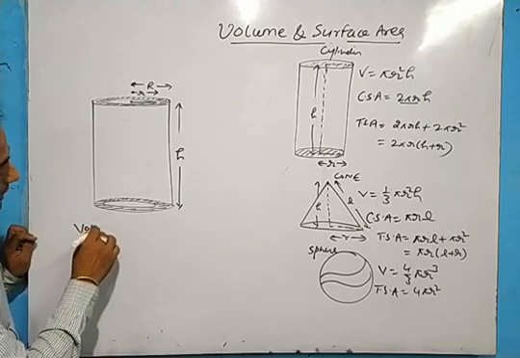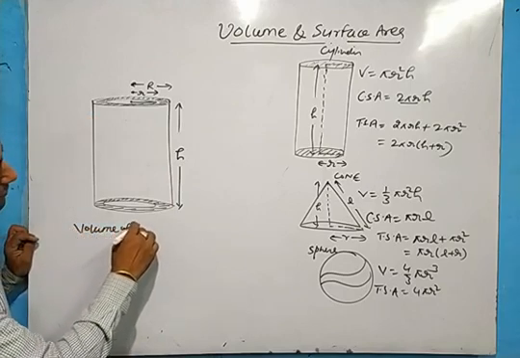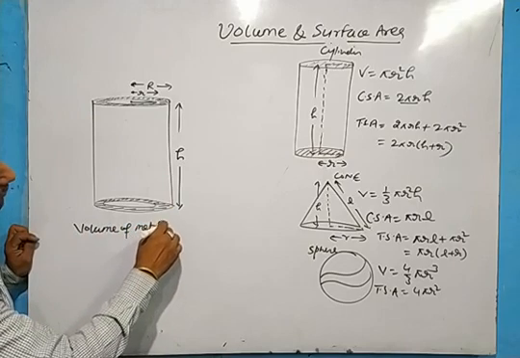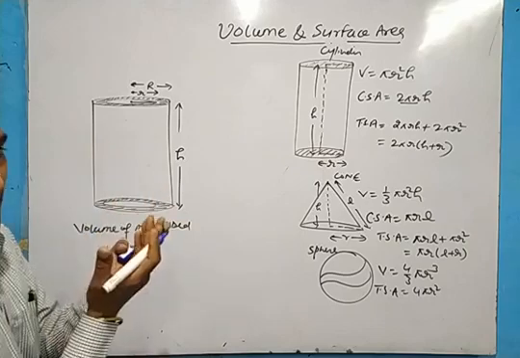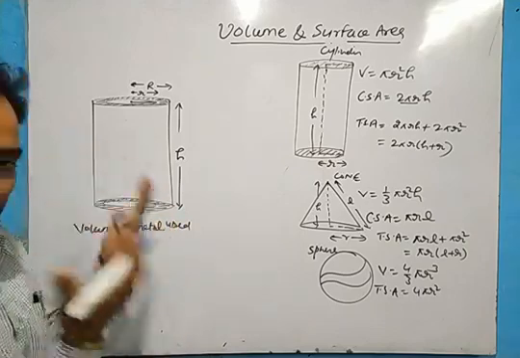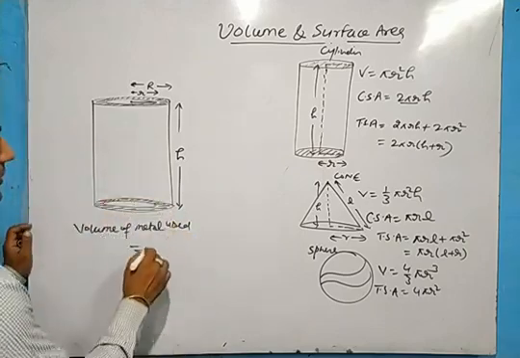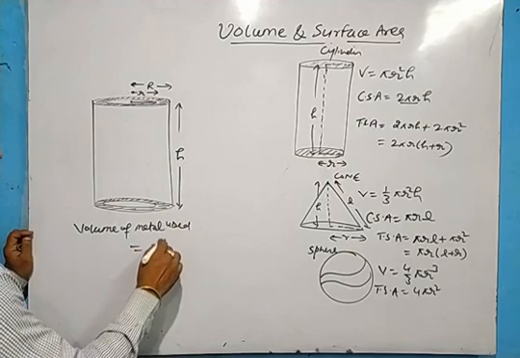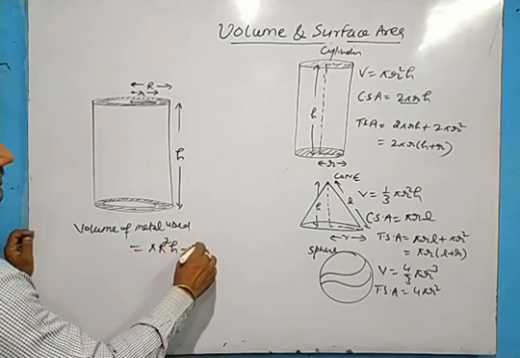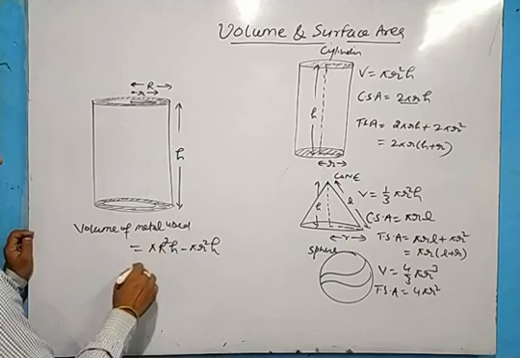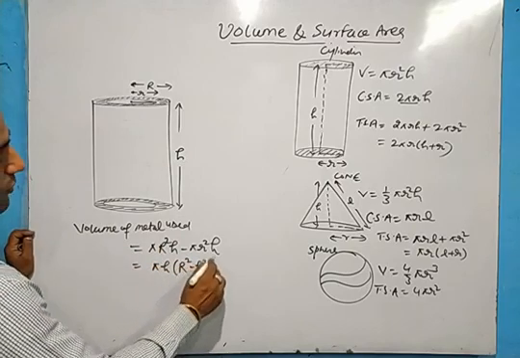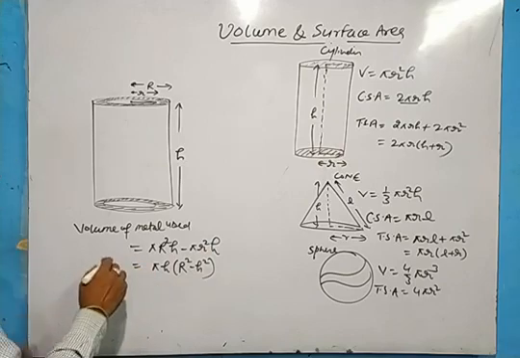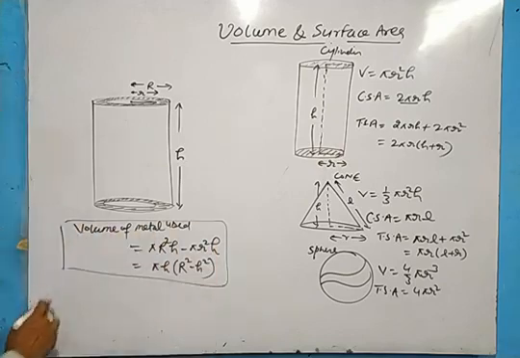So directly we can write volume of metal used is equal to volume of exterior, or you can say volume of big cylinder minus volume of small cylinder. So volume of big cylinder is what? Pi R square h minus pi small r square h. Pi and h will be common, so we can write capital R square minus small r square. So this is the volume of the metal used.